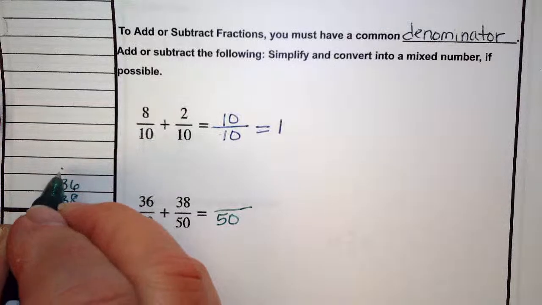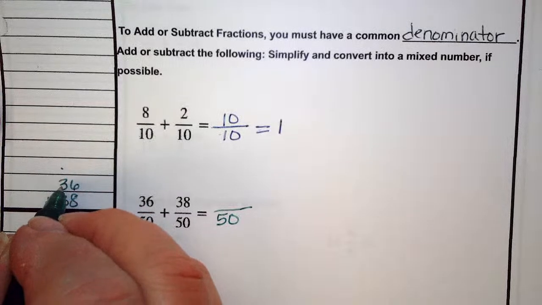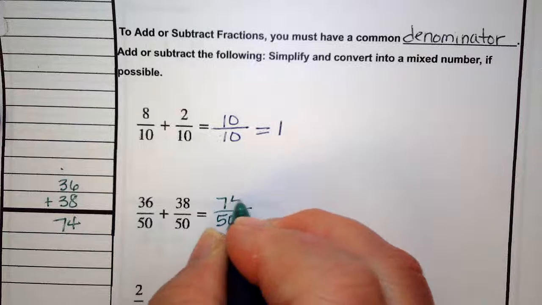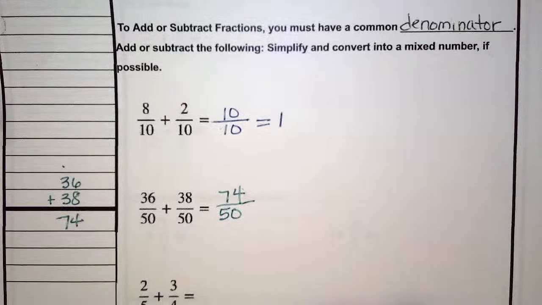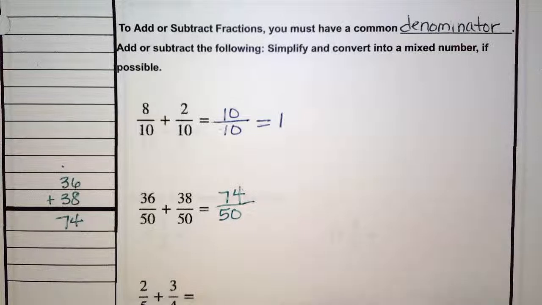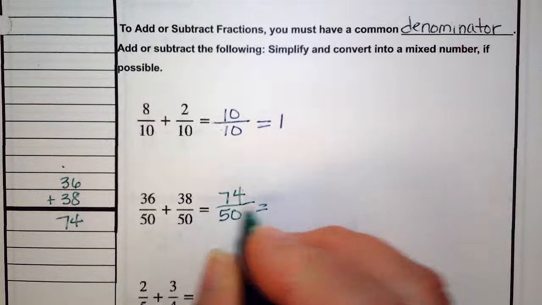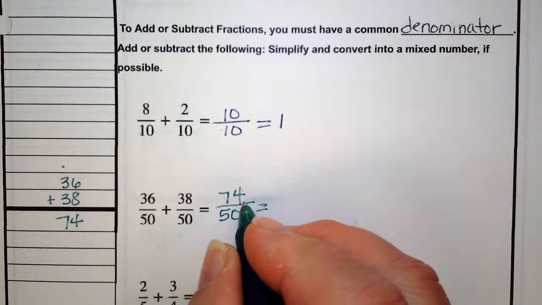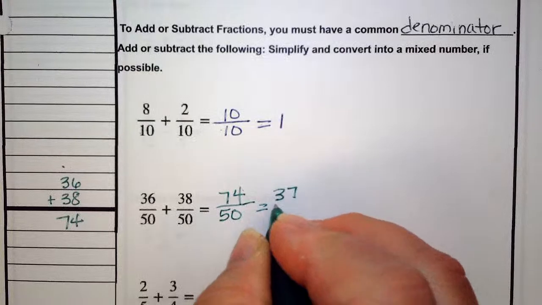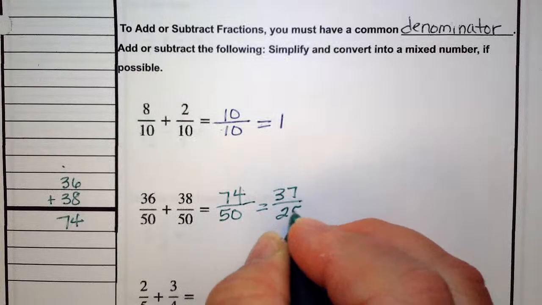Carry that 1. 1 plus 3 is 4. 4 plus 3 is 7. So this becomes 74 over 50. Can I simplify? Yes. Both of them have a factor of 2. Half of 74 would be 35 plus 2, which would be 37, over 25.